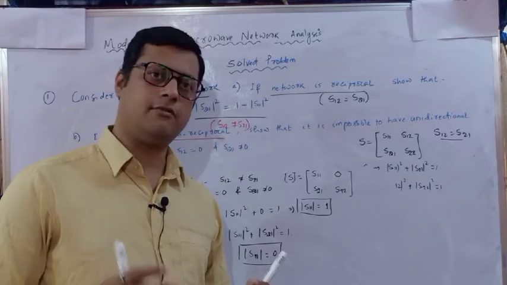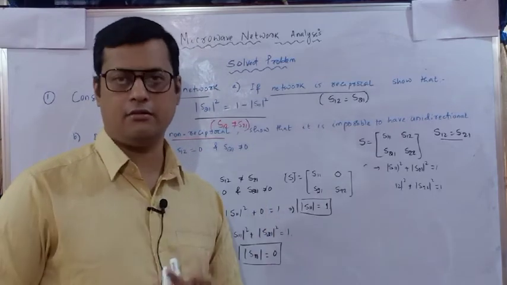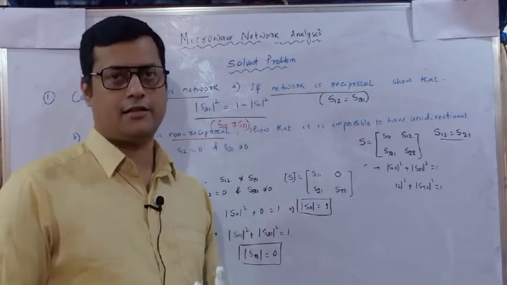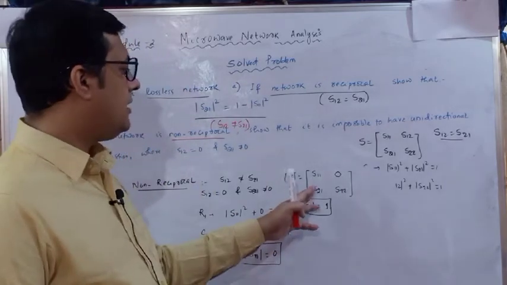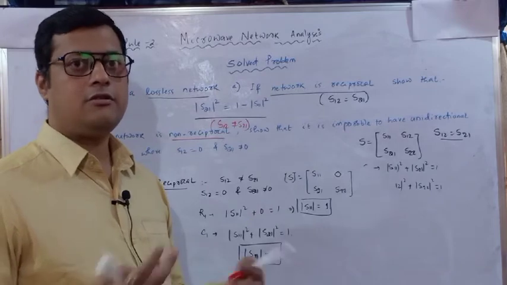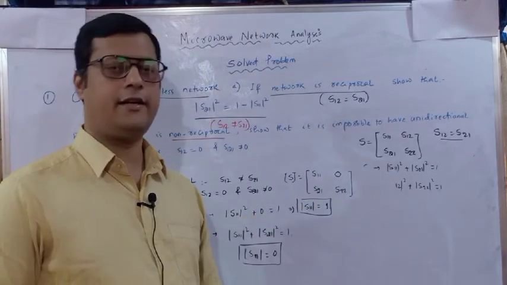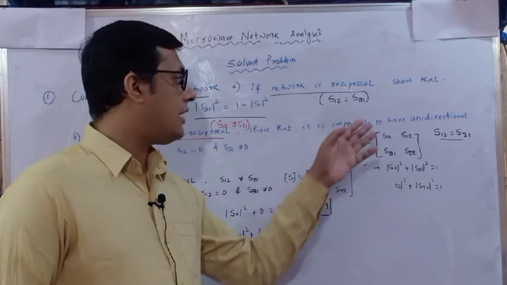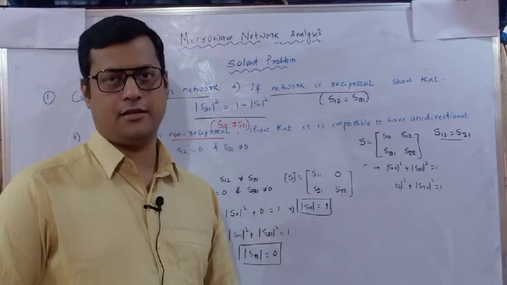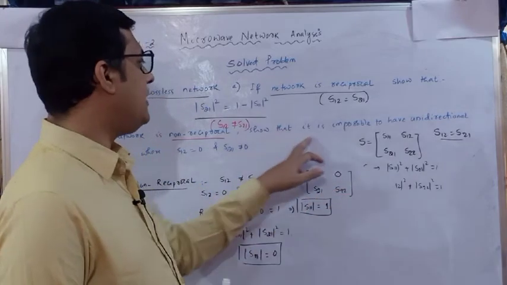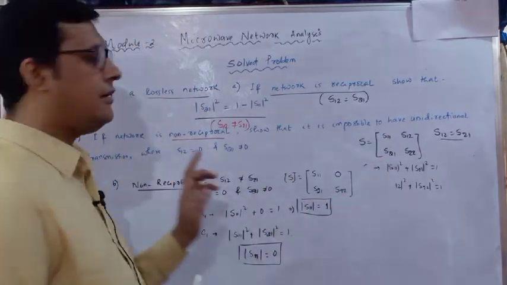In a lossless network, maximum information is delivered from one end to the other end. It is unidirectional, but here if I solve this matrix, S21 becomes 0. So it is very difficult to identify the unidirectional method. It is impossible to have a unidirectional transmission.